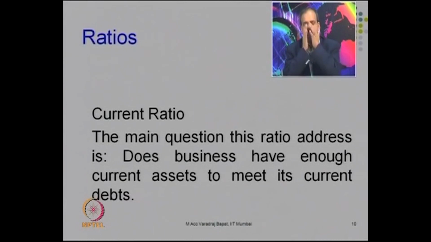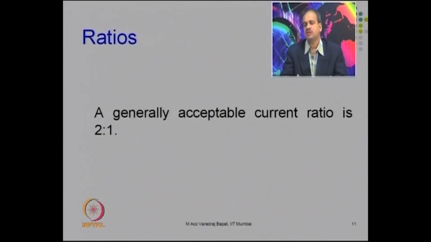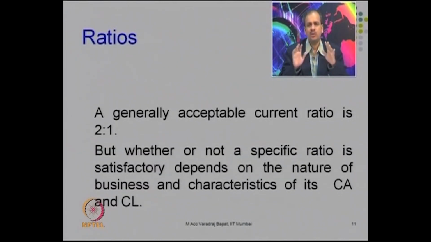So the main question, does the business have enough current assets to meet its current debt, is answered by current ratio. Usually 2:1 is considered as an acceptable current ratio, but do not take it as a fixed ratio or a standard of 2:1. It significantly varies with the nature of business and also the nature of current assets and liabilities which you have.